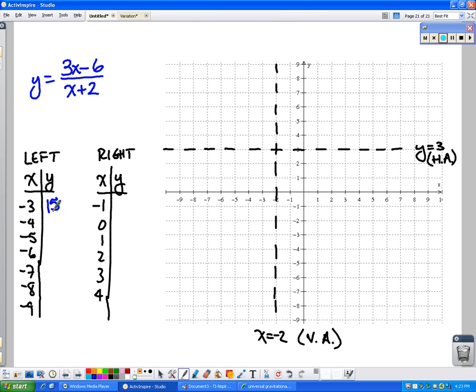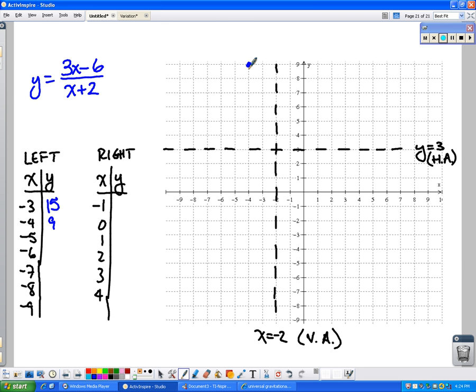So our first dot, we would try to place at negative 3, 15. That's clearly off of our chart. So we'll move on to negative 4 and see if that works for us. Negative 4 gives us negative 18 divided by negative 2. That's 9. And we have a dot we can locate. So negative 4, 9 is our first dot.